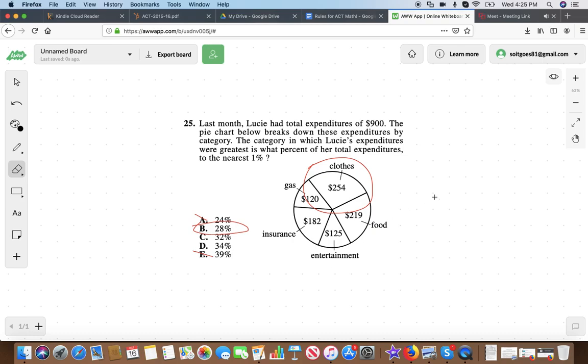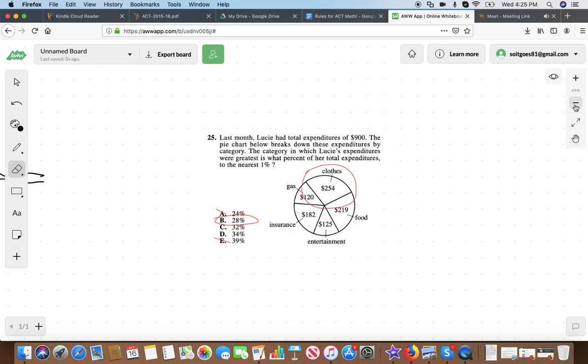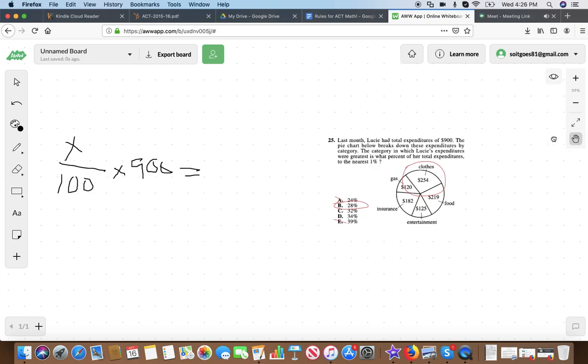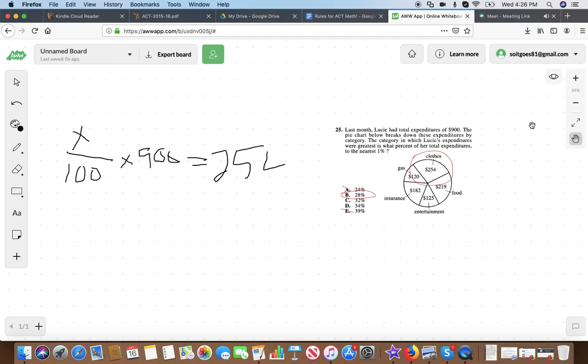Can you work this out on the whiteboard? Is it not showing up? Let me zoom out a little bit. There we go. Divide both sides by 900. Looks good.